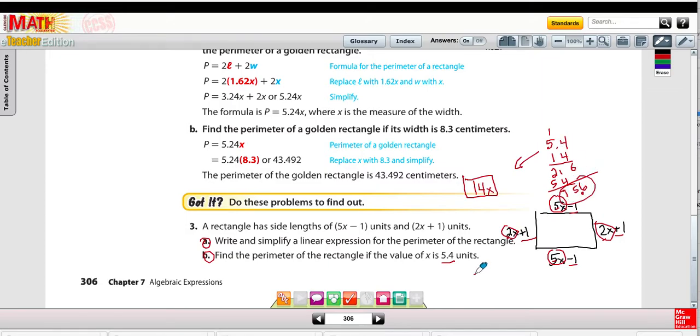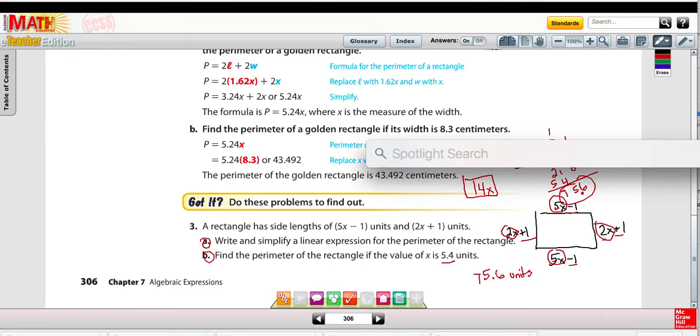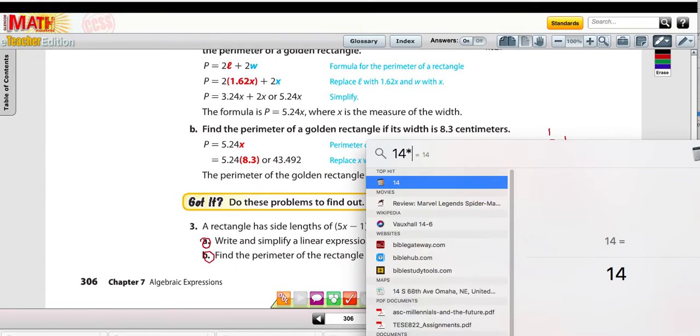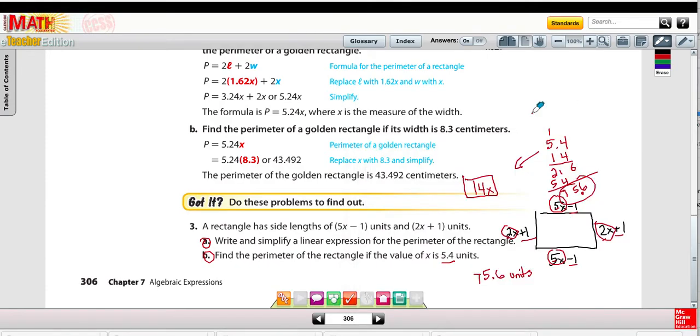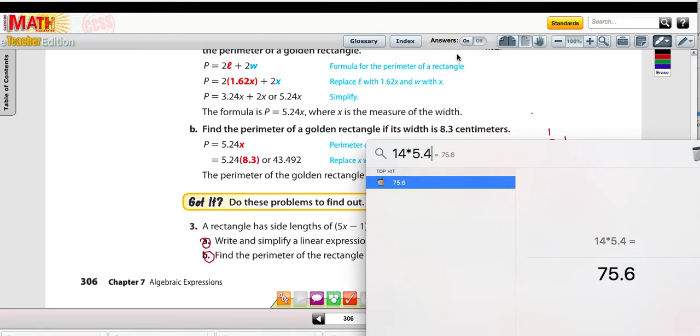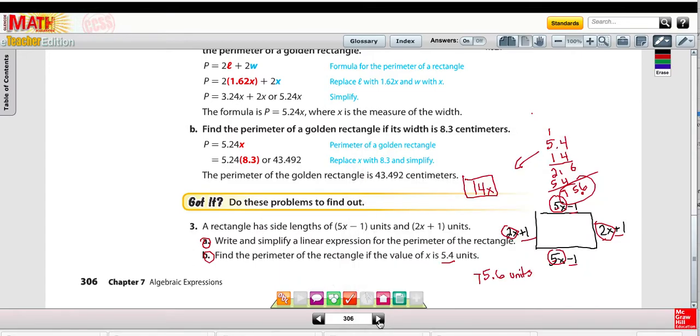The perimeter would be 75.6 units. And we can double check that with a calculator by taking 14 times 5.4. 14 times 5.4, 75.6. All right.